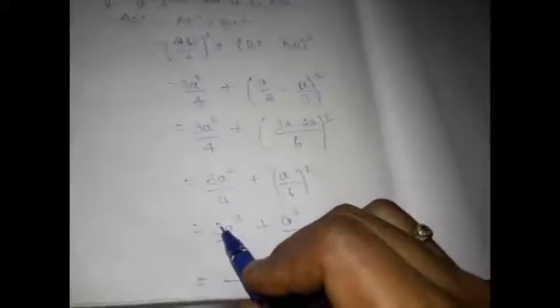Now take LCM again. 36 is going to be your LCM. 4 nines are 36, so 9 you have to multiply. 27a square plus a square, which is equal to 28a square by 36. Right, 4 sevens are 28 and 4 nines are 36. So we got AD square equal to 7 by 9 a square, or 9 AD square is equal to 7a square.